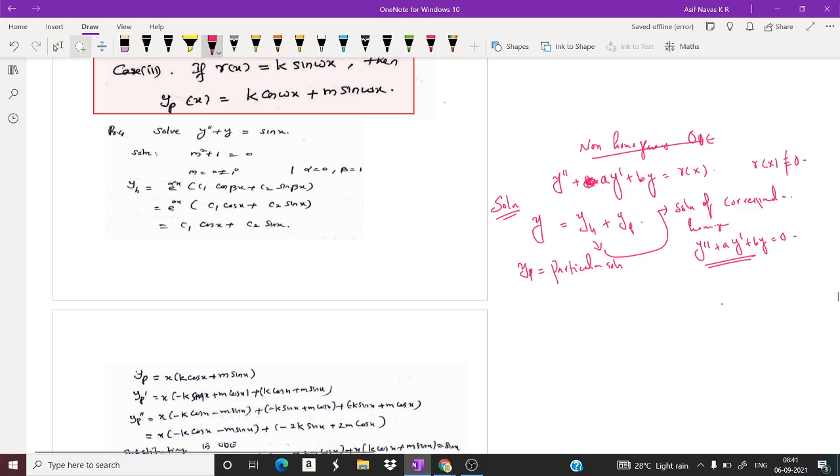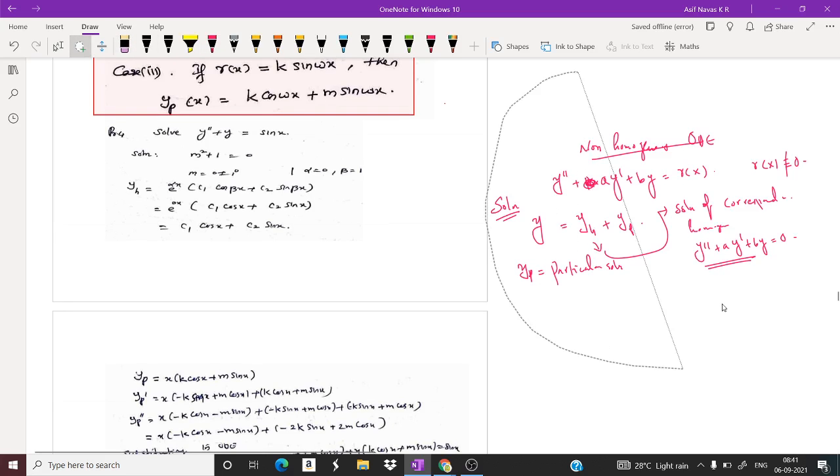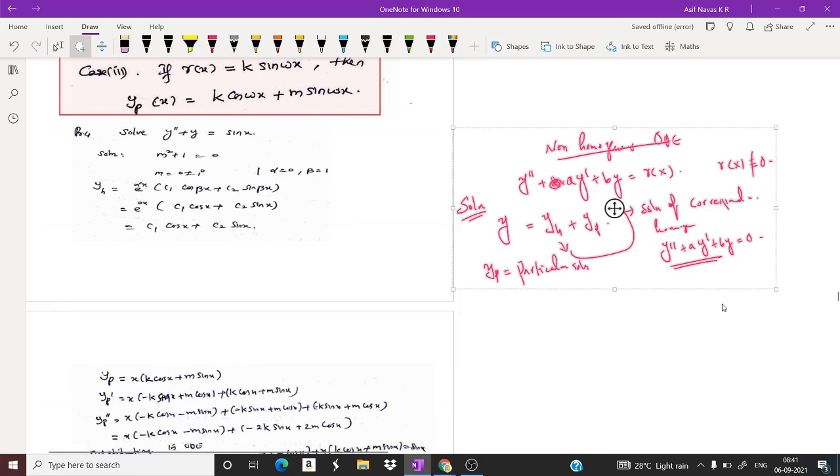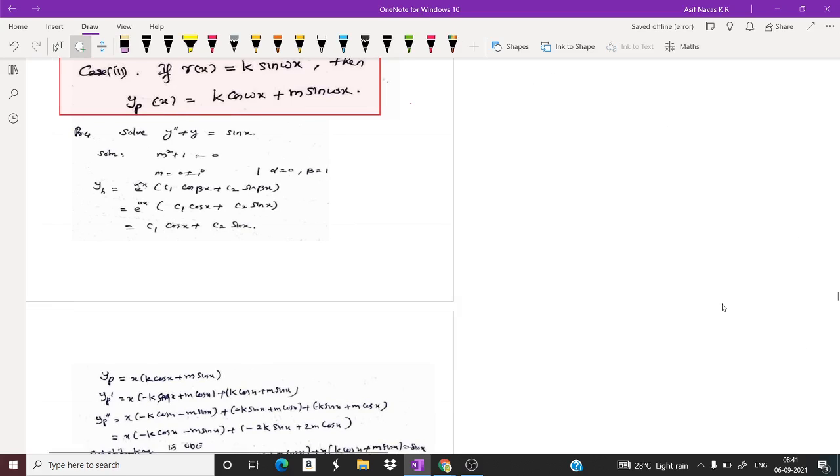So the problem is, if R of x is of the form k1 sin omega x, then we have yp equal to k cos omega x plus m sin omega x. Now this is a different type of problem. Solve y double dash plus y is equal to sin x.